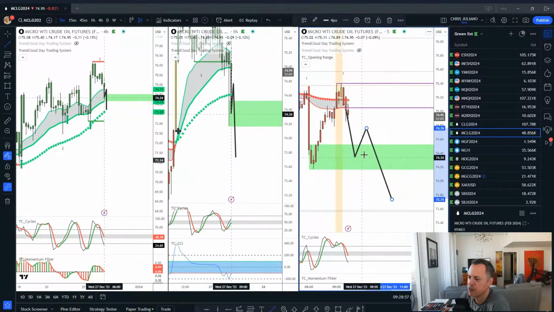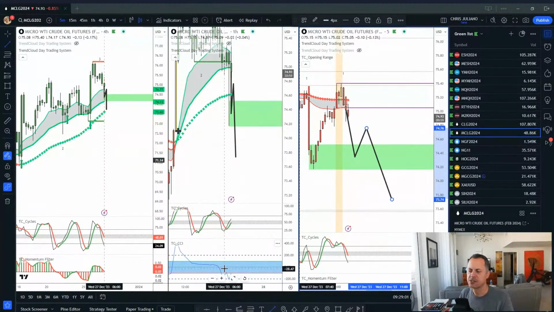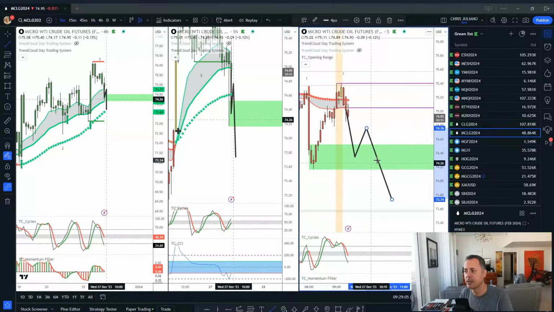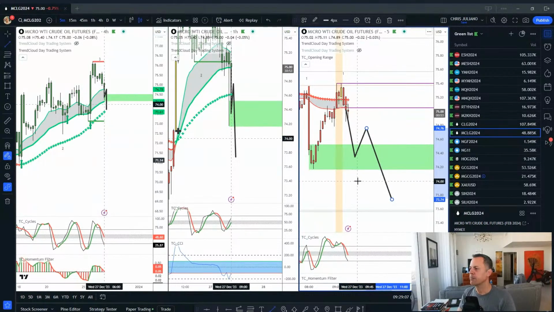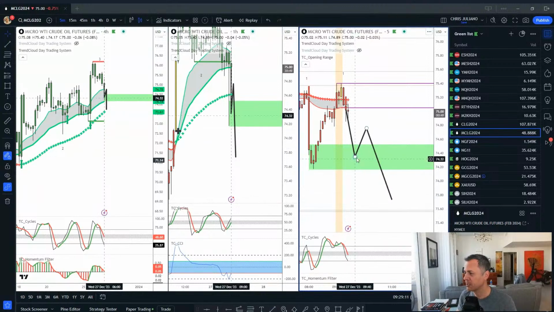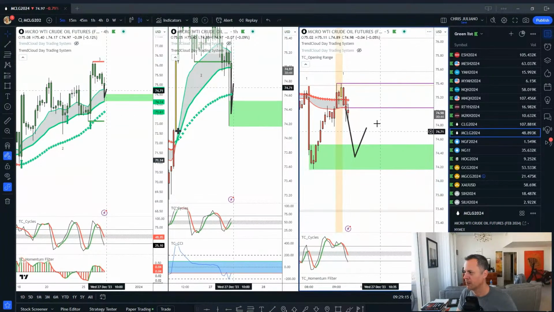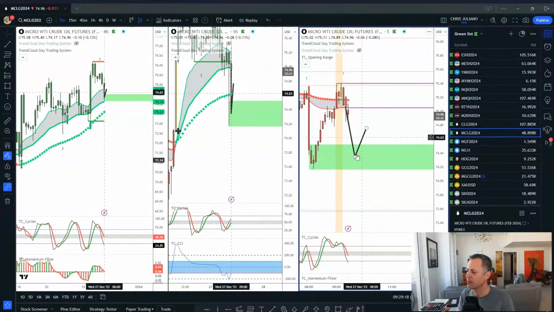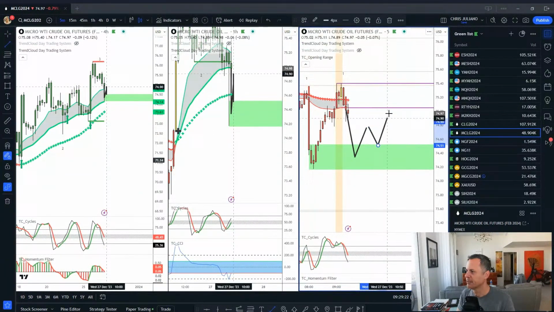That is the situation you're putting yourself in when you don't have momentum on your side. That doesn't necessarily mean that this could fail, right? And do this. But that is definitely a possibility. What we want to see is this.